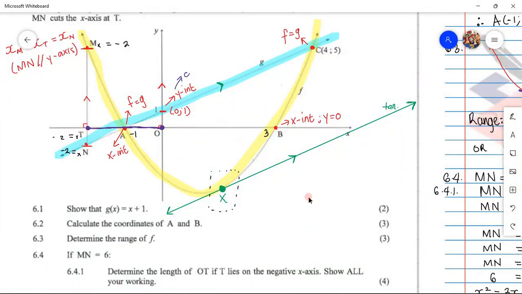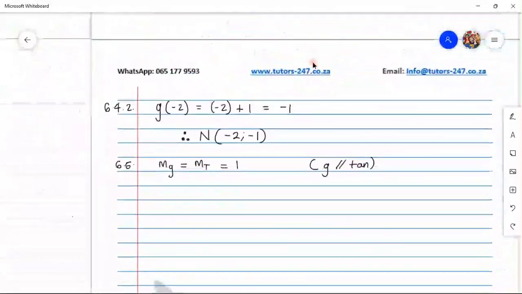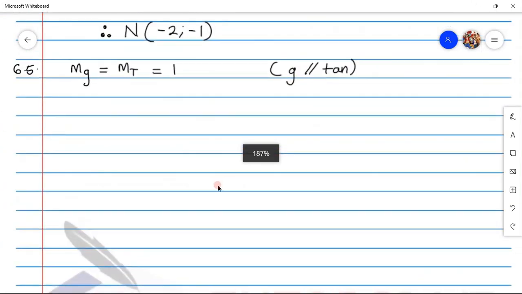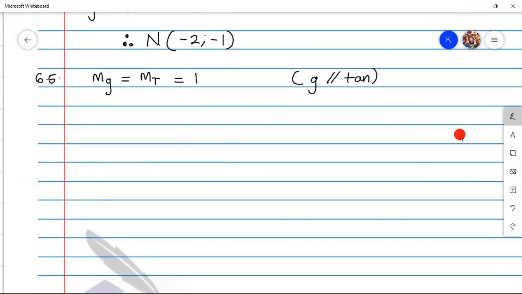So let's use that method. So if we want to find the gradient of the tangent, we know that we are going to use the function f because the tangent is in contact with the function f. And at the point of contact between our tangent and our function f, the gradient is equal, which means that the gradient of f at that point is equal to the gradient of our tangent.